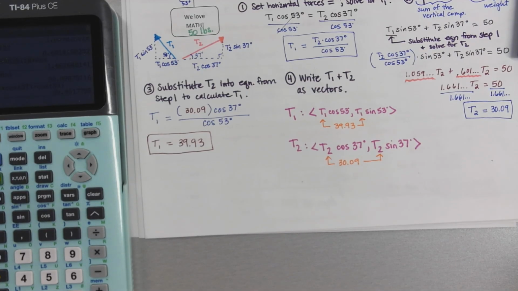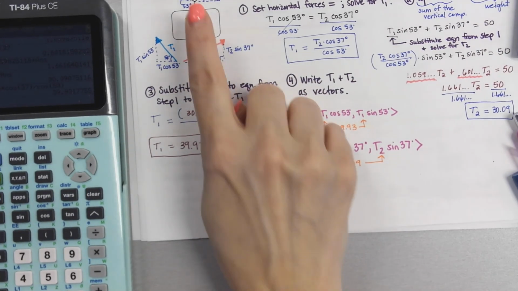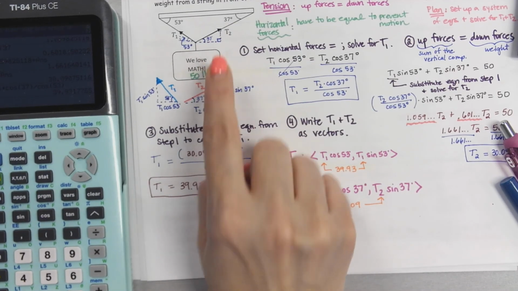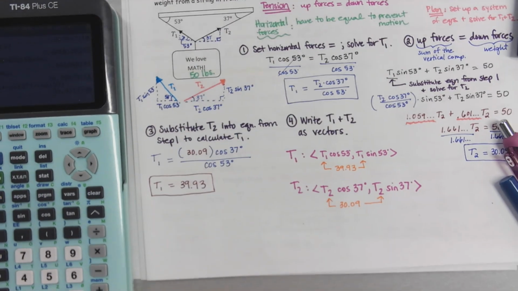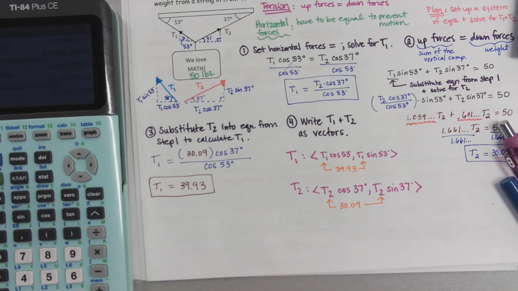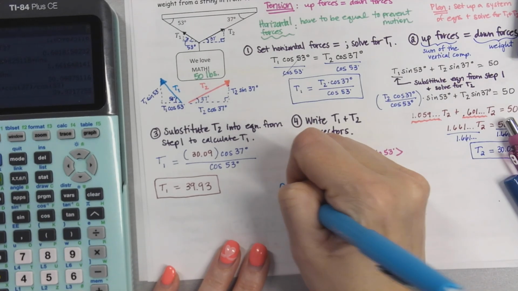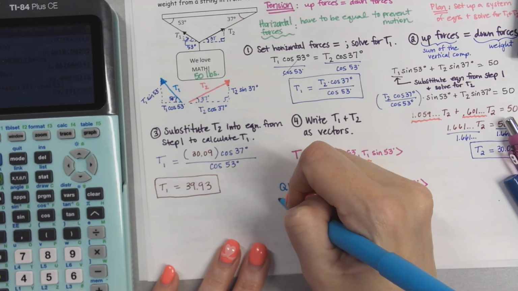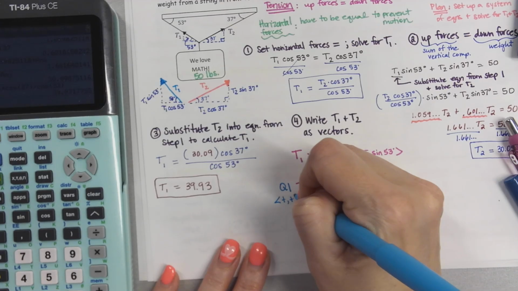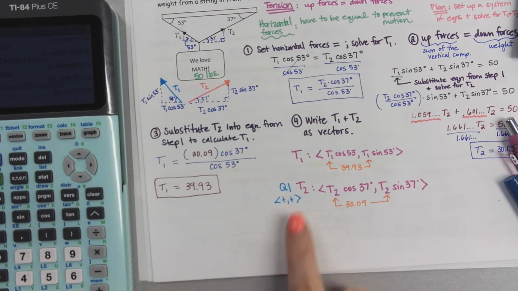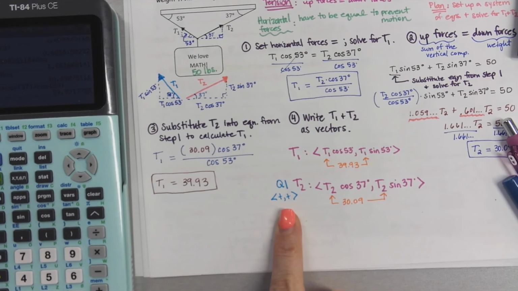Before we calculate those, I just want to let you know of a few things. Your vector t sub 2 is pointing in the direction of which quadrant? Quadrant 1. So for the second vector, t sub 2, that has to be in quadrant 1, which means you're going to have a positive value for both of your components.